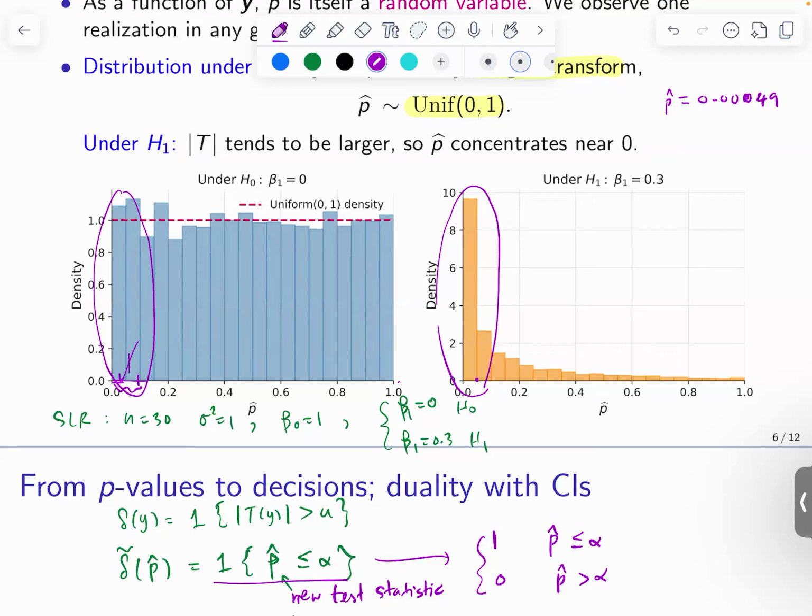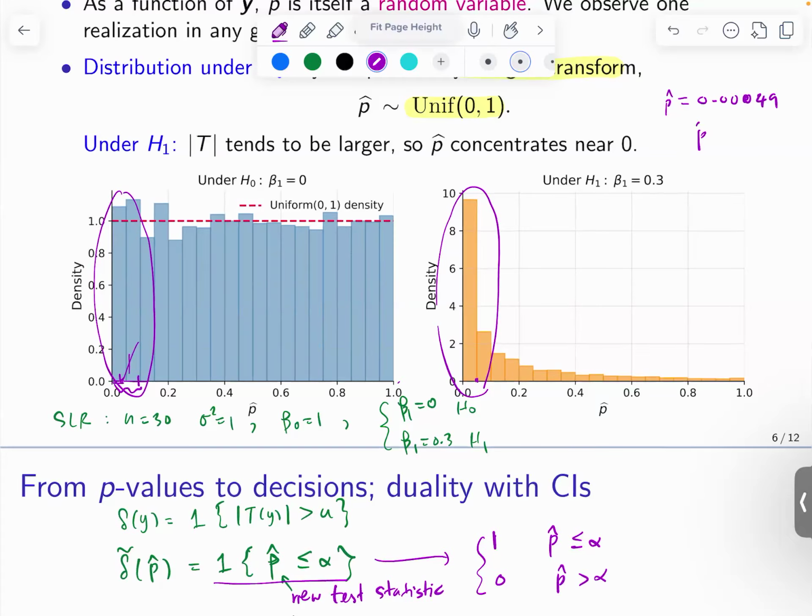But that's it. There's no conclusion about whether H1 is true or H0 is true from that single number. And if you see p-hat 0.9, it could come from this model still, and also from this model, but it's very unlikely to have come from the alternative rather than the null. And that's it. There's not much else.